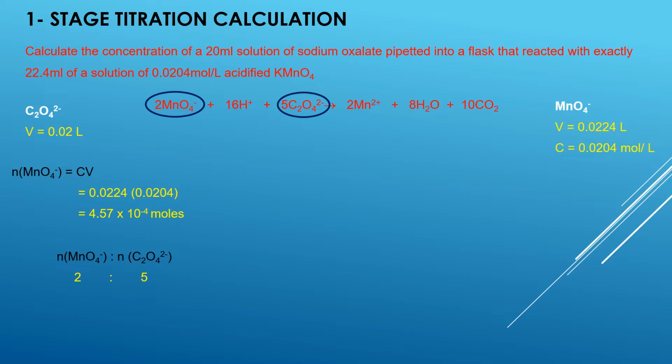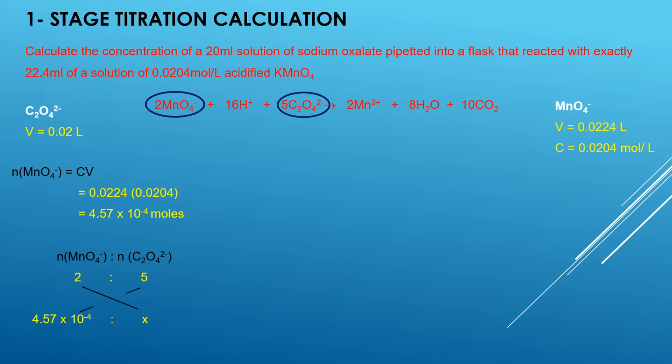From step number 2, we already know the moles of permanganate ion. We need to find out the moles of oxalate. If 2 moles of permanganate reacts with 5 moles of oxalate ion, then 4.57 times 10 to the power minus 4 moles of MnO4 minus will react with how many moles of oxalate? That's what we're trying to figure out.